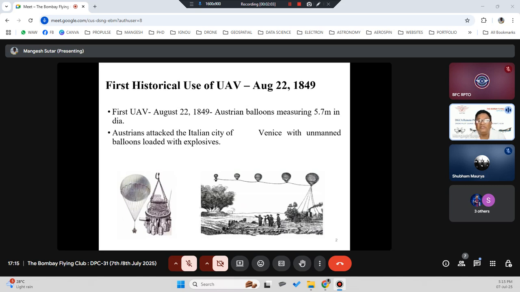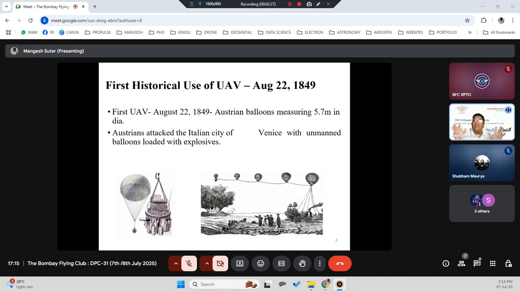But fortunately or unfortunately, none of those balloons basically reached the land. Almost 1,000 plus such balloons were made and sent, but only one balloon reached the land, and still no injury happened even from that one balloon.